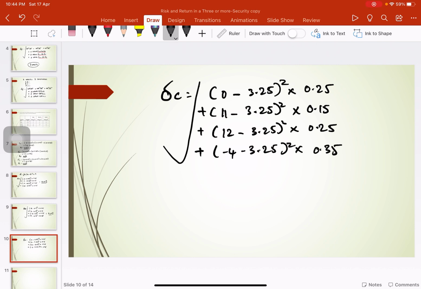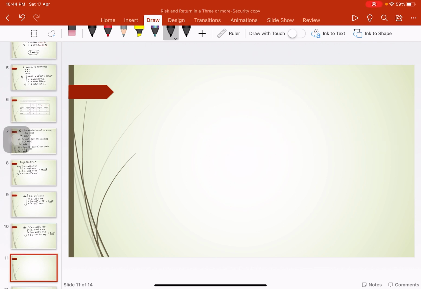Then square root. So for this one, standard deviation C, you will get 7.01%. Yang ni saya tunjuk laju sikit sebab kita dah memang belajar dah.